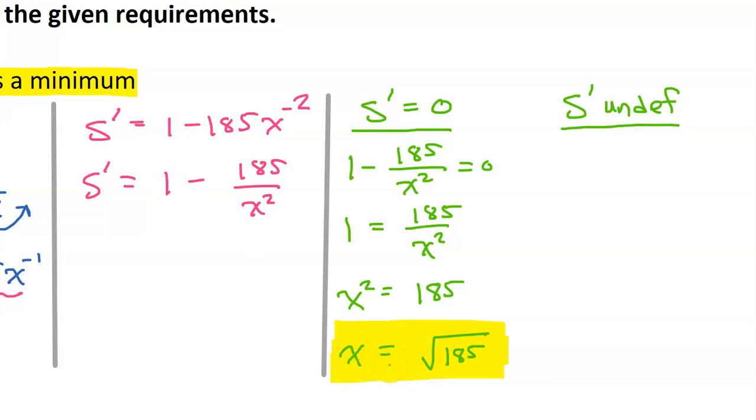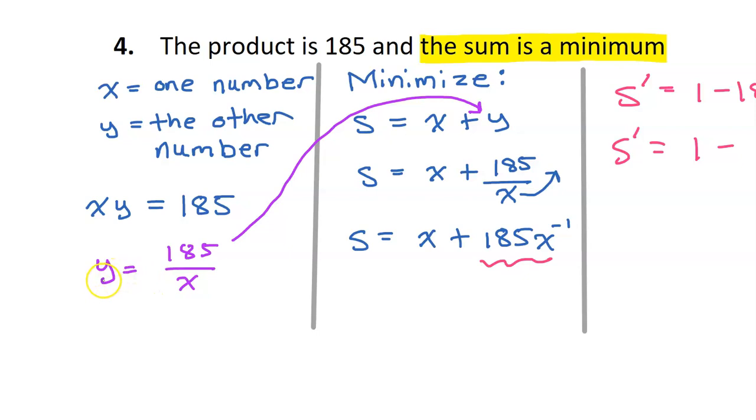So this is one candidate for x. Let's see if we can find another candidate by considering what value of x will cause s prime to be undefined. We see this denominator, so if x were 0, that would cause s prime to be undefined. So what about x is 0? Is this another candidate? Well, no, because y equals 185 divided by x, and you cannot divide by 0.